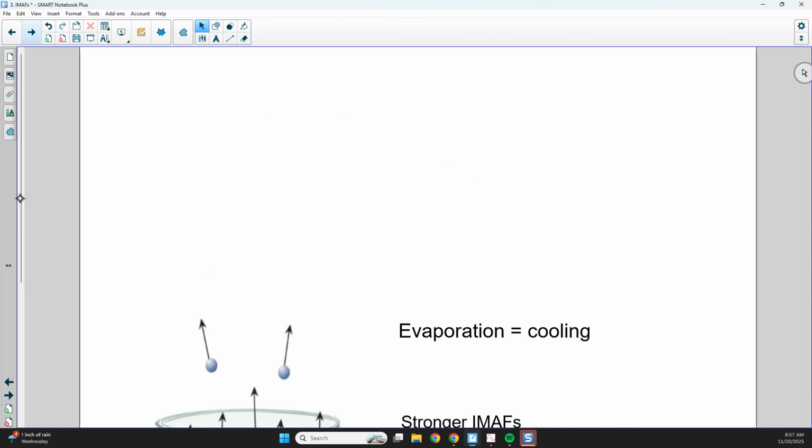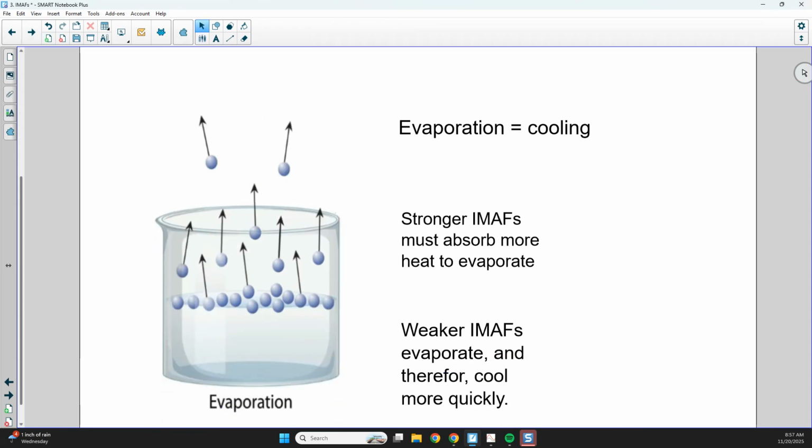To go a little bit deeper into that, since we're focused on evaporation, evaporation equals cooling because as the liquid absorbs heat in order to overcome these IMFs, when those molecules escape into the air, they are taking heat with them.